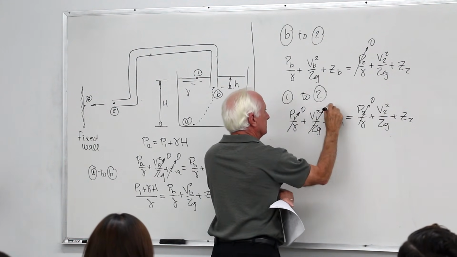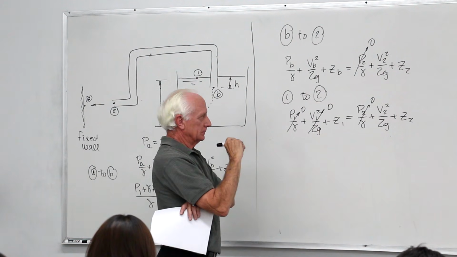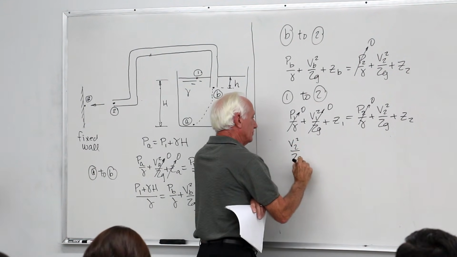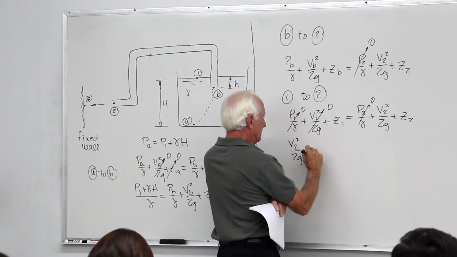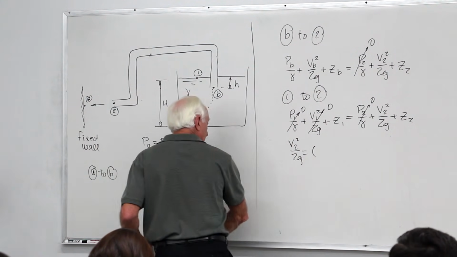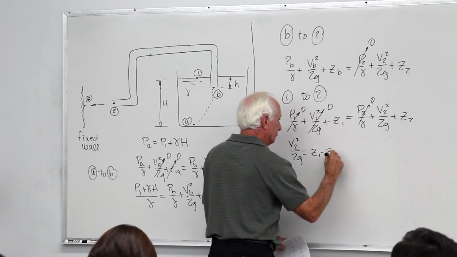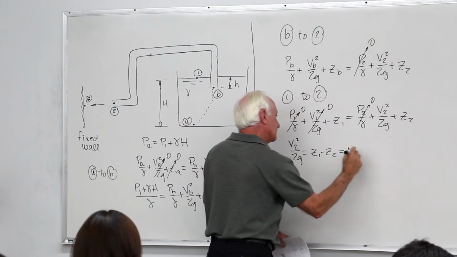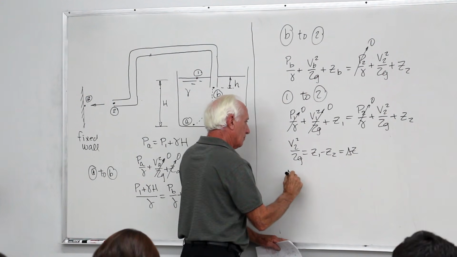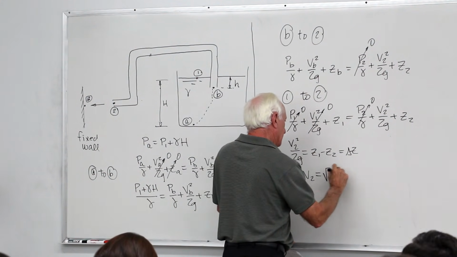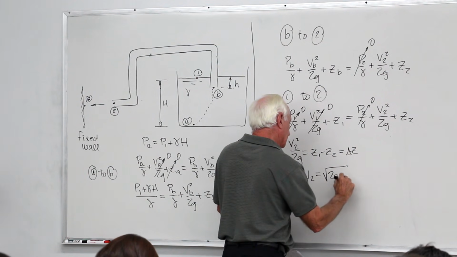This guy is 0. So V2 squared over 2G is equal to Z1 minus Z2, call it delta Z. So V2 equals the square root of 2G delta Z.